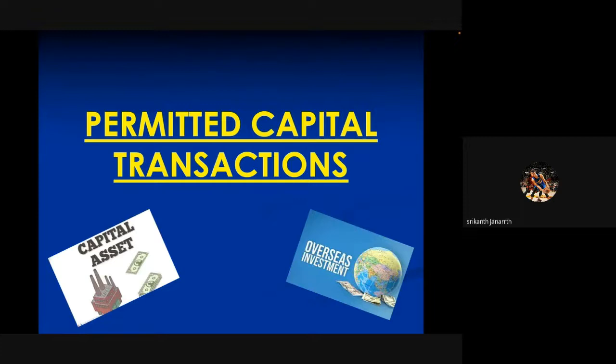So the capital asset can be divided into real and financial. Real assets are immovable property, land and immovable property, and even vehicles, all other movable, right? Financial assets are all the securities you have, bonds, treasury bills, treasury bonds, securities, shares, all that is considered as a financial asset. So the movement of assets is considered as a capital transaction.